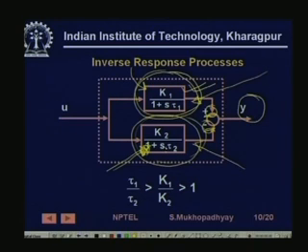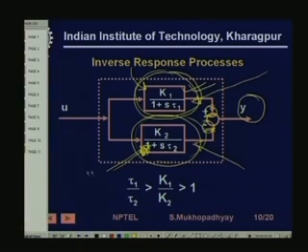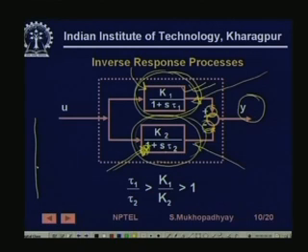Now, we know that if you have k2 by 1 plus s tau 2, then towards the initial phases, the response increases like a straight line whose slope is given by k by tau.